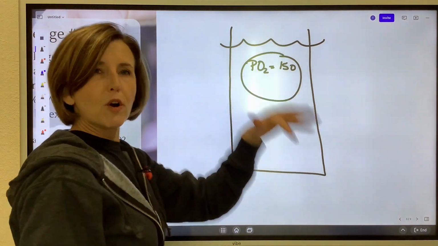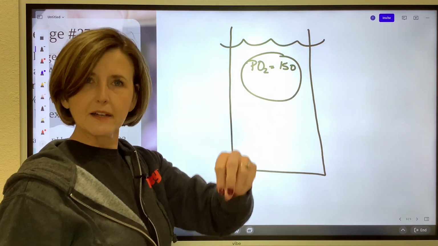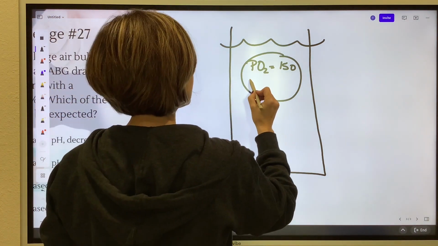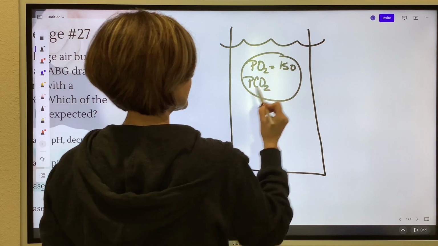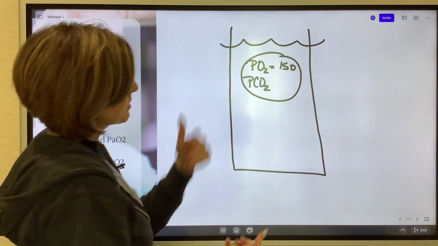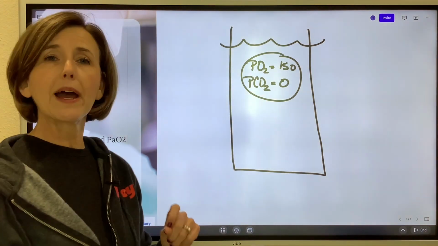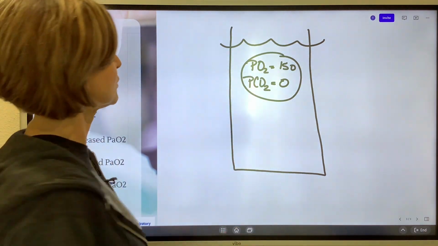This is that part of Dalton's law, barometric pressure minus water vapor pressure times the FiO2 comes out to roughly 150. And if you think about it, the air we breathe doesn't really have any CO2 in it, so the air bubble itself will be zero. Okay, this is the first thing you have to understand about what happens when there's excessive air in the syringe.